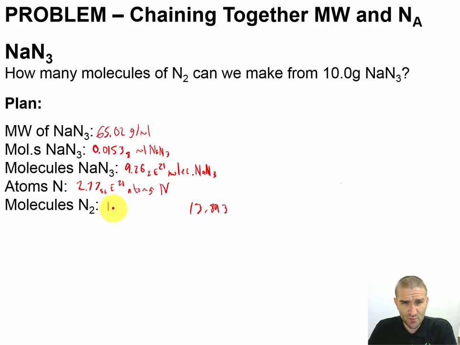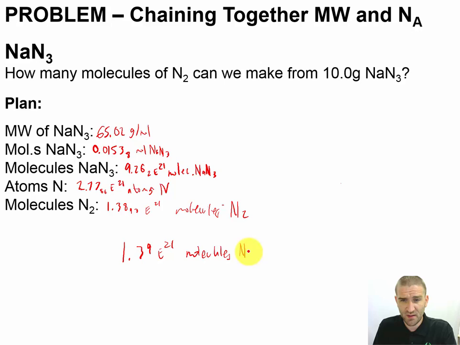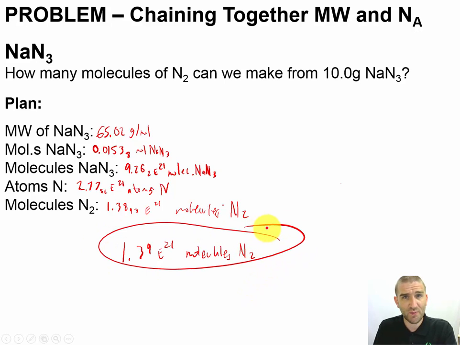So I'd be at 1.3893 times 10 to the 21. It's just like before. Molecules of N2. Time for me to circle my final answer. Now I don't want to use this anymore. I want to say 1.39 times 10 to the 21st molecules of nitrogen. And that would be our final answer.